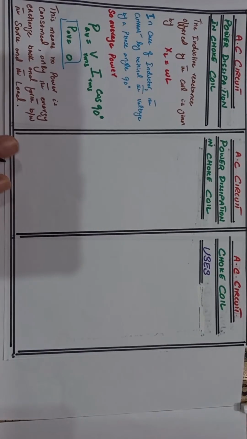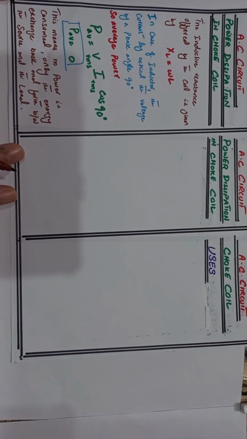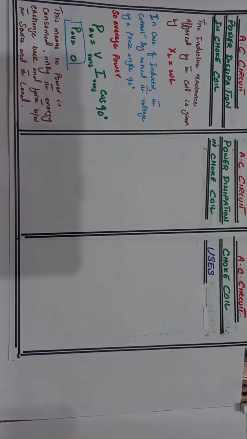So there is no power dissipation in the choke coil, because in the choke coil we use an inductor. In an inductor, the power always oscillates between source and load. No energy is dissipated.